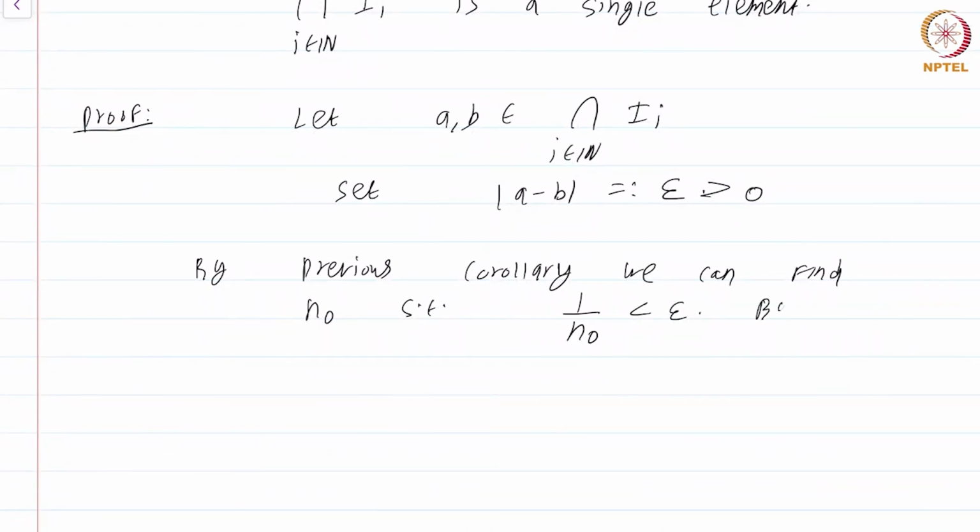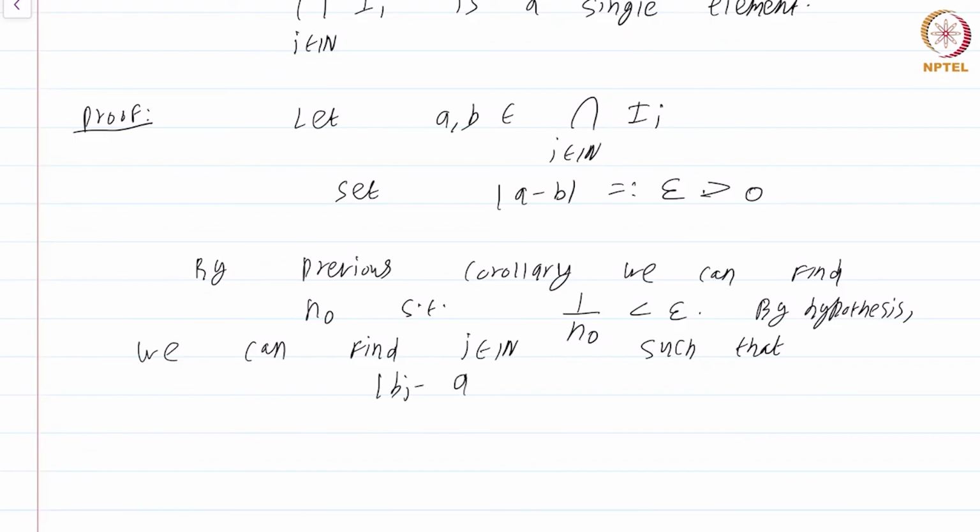But by hypothesis, we can find I_n such that mod b_n minus a_n is less than 1 by n naught, which is less than epsilon, which is equal to mod a minus b.